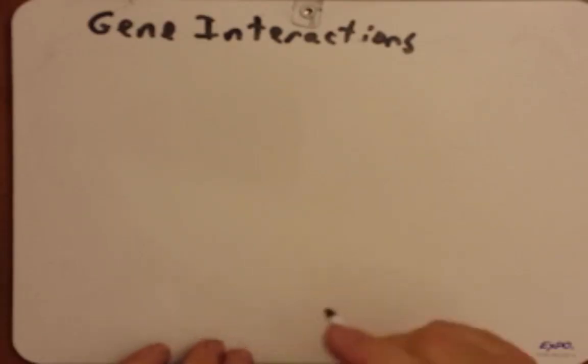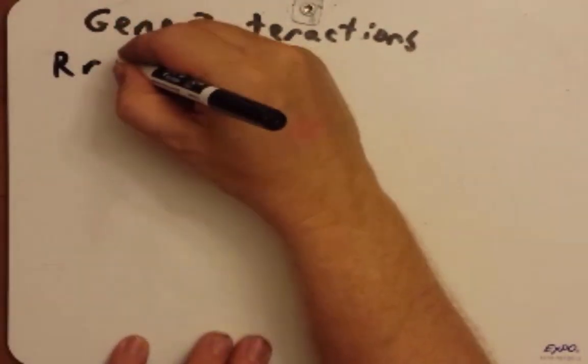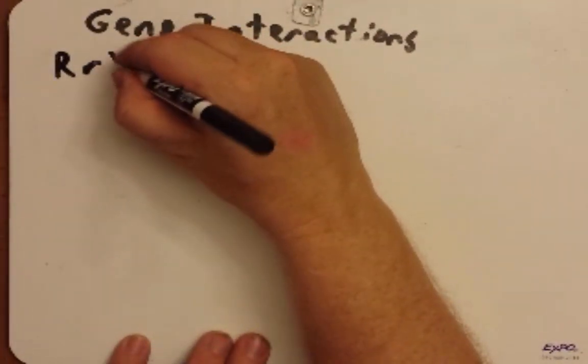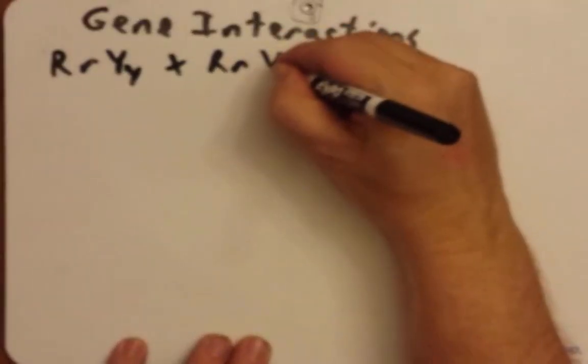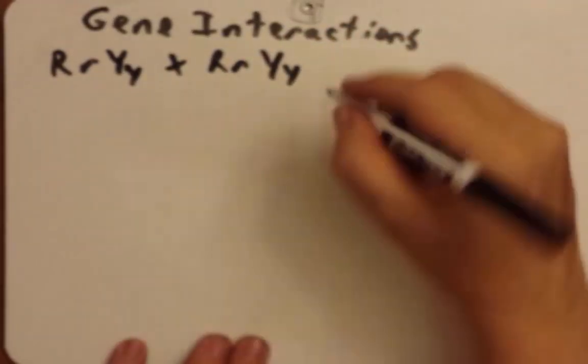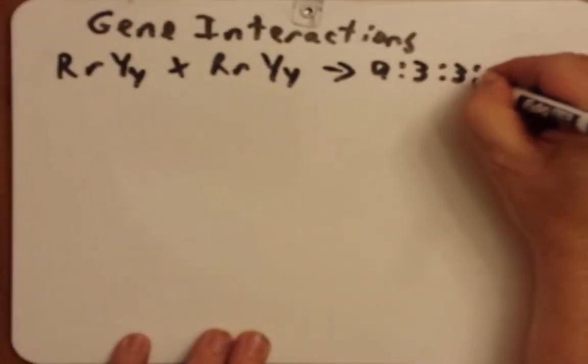Remember, when we first introduced Mendel's ideas, we talked about the dihybrid cross, where we had the round yellow seed, the heterozygote here, and we crossed it to the round yellow seed. And we got that classic 9 to 3 to 3 to 1.